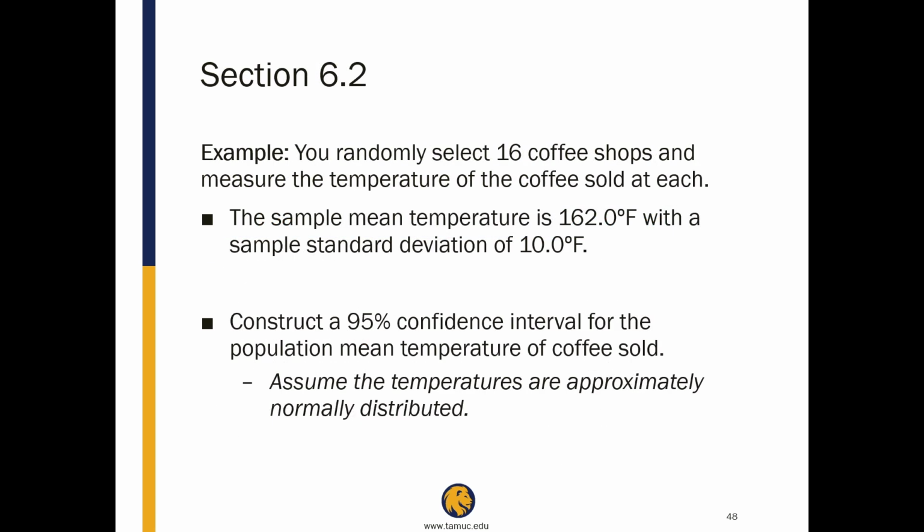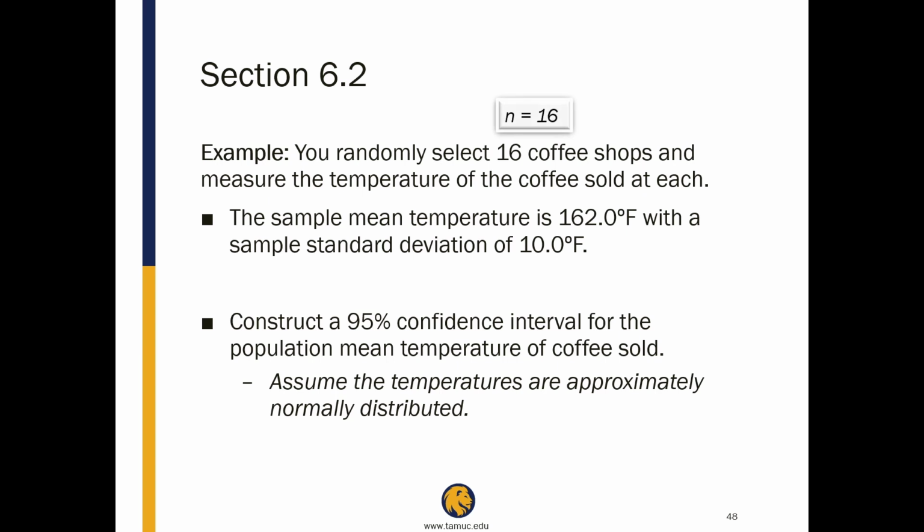So let's look at this example here. Randomly selecting 16 coffee shops and measuring the temperature of the coffee sold at each, the sample mean is 162 degrees Fahrenheit with a sample standard deviation of 10 degrees Fahrenheit. We're going to construct a 95% confidence interval for the population mean of the coffee sold, assuming the temperatures are approximately normally distributed.